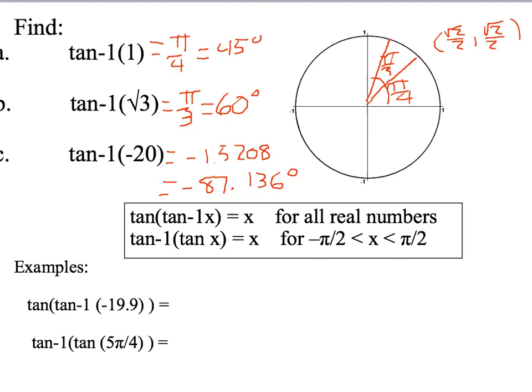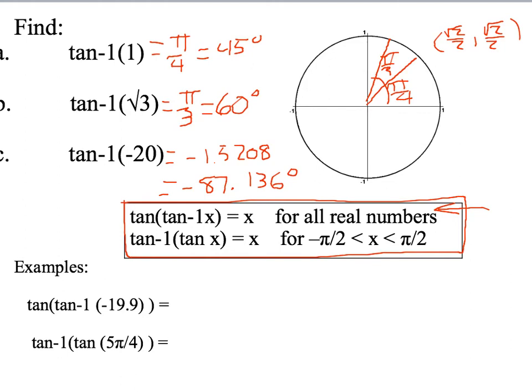Now if we come down here and take a look at our inverse functions property, we have a change here when we're going the tangent of the inverse tangent, because we can evaluate for all real numbers.